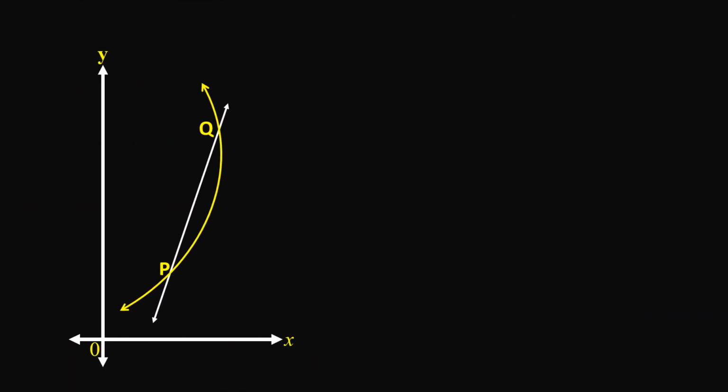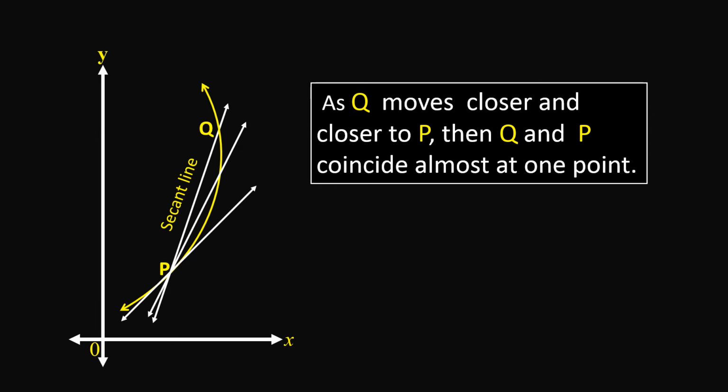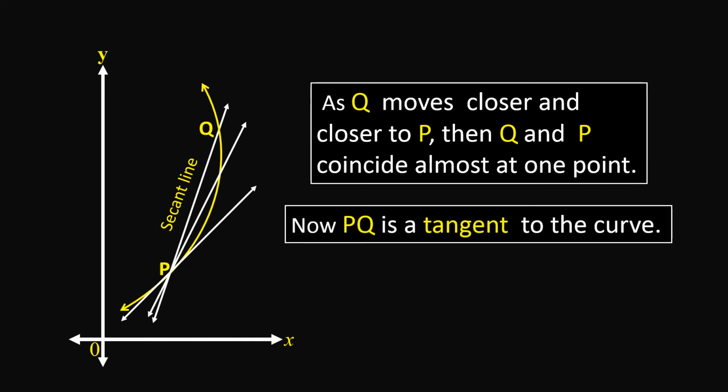Again we come to the same graph. PQ is a secant line, and look at the movement of the line PQ. As Q moves closer and closer to P, then Q and P coincide at one point. Now PQ is a tangent.